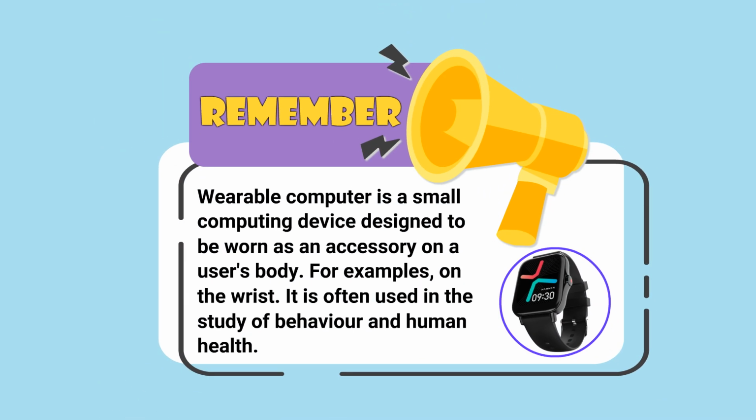Remember, wearable computer is a small computing device designed to be worn as an accessory on a user's body, for example, on the wrist. It is often used in the study of behavior and human health.